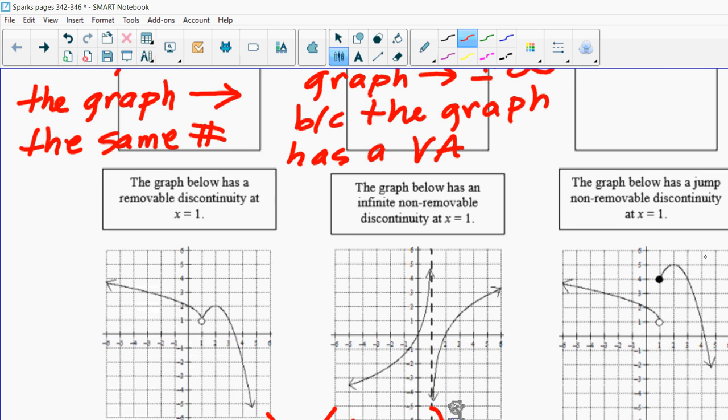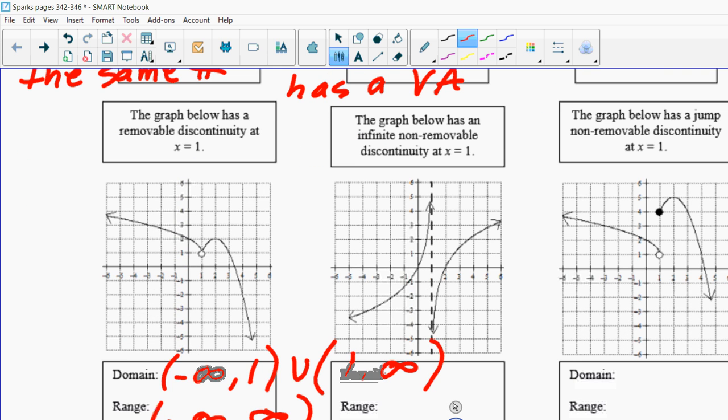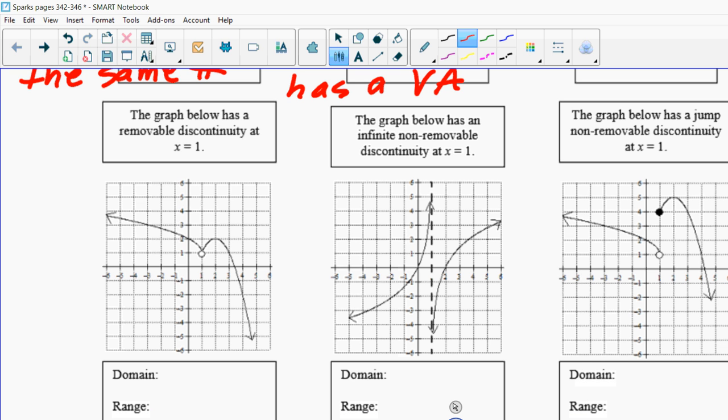So if we look down at this picture, this graph has a discontinuity at x equals 1. It is a non-removable discontinuity because it's a vertical asymptote. Again, don't worry about removable and non-removable at this point.